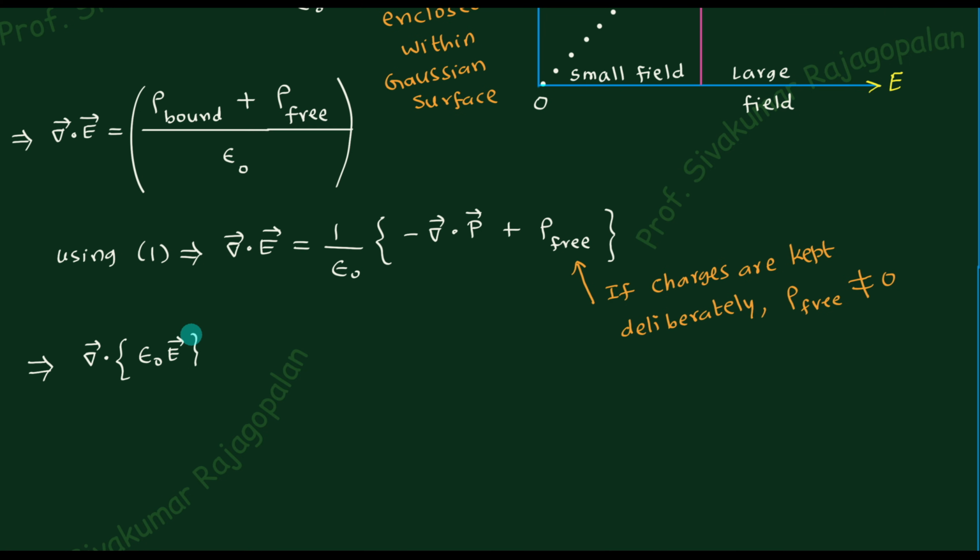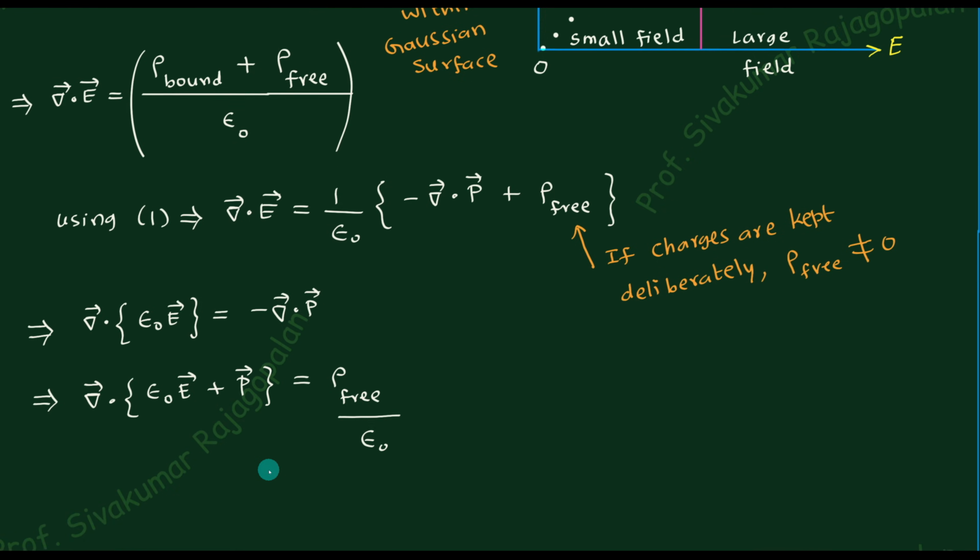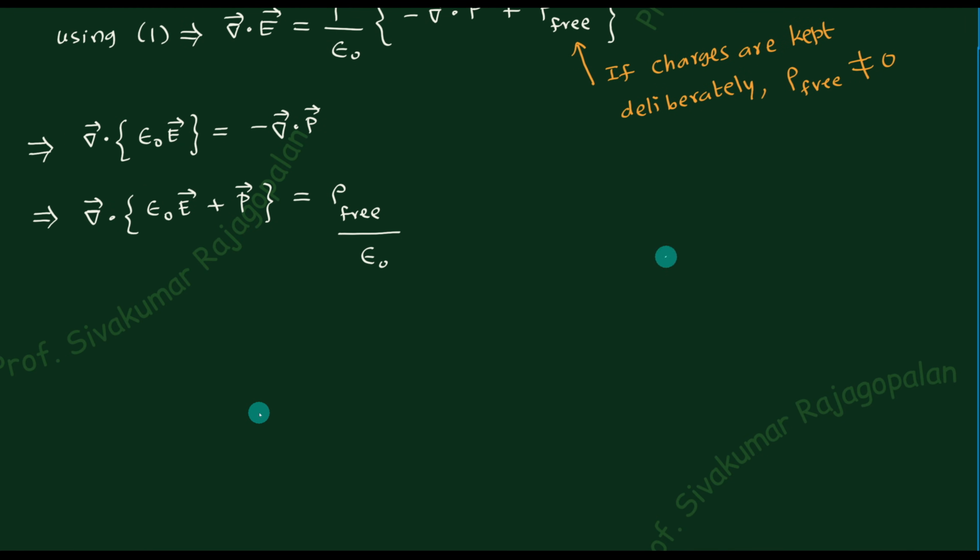Let me therefore simplify. The equation is simple. Here the simplification is quite easy. With this divergence of P, I'm bringing it to the left side.